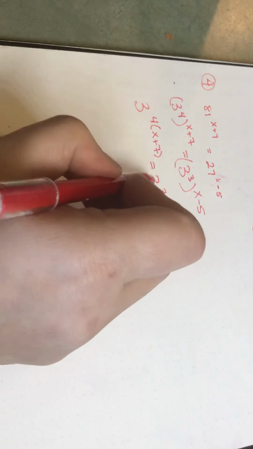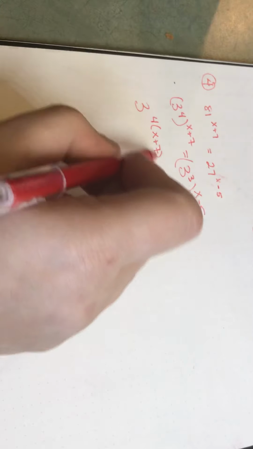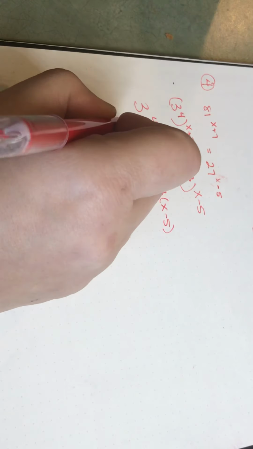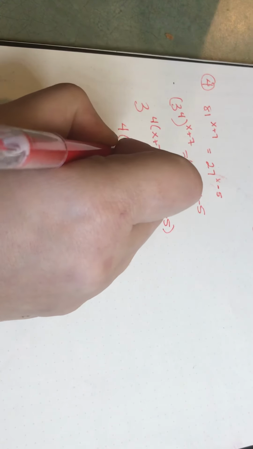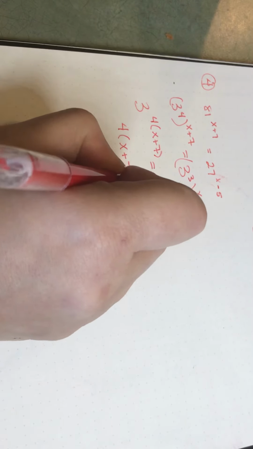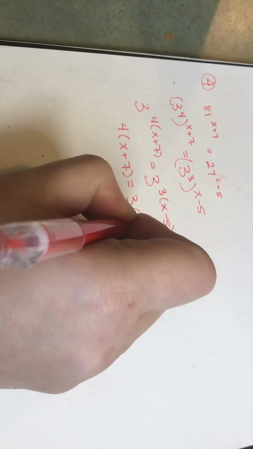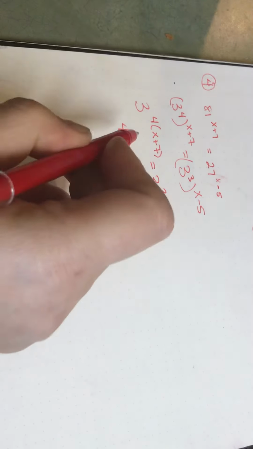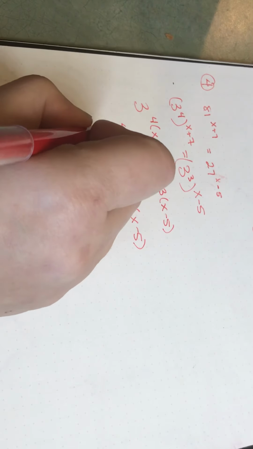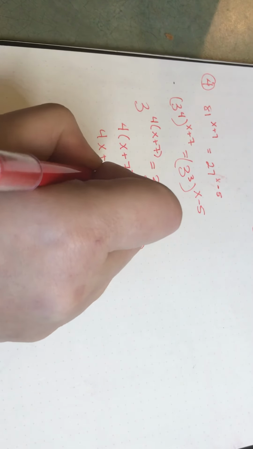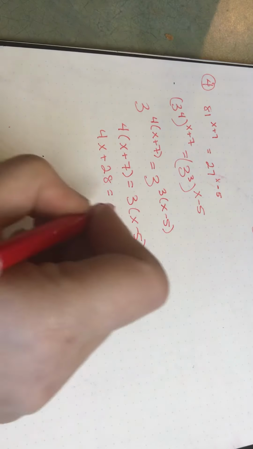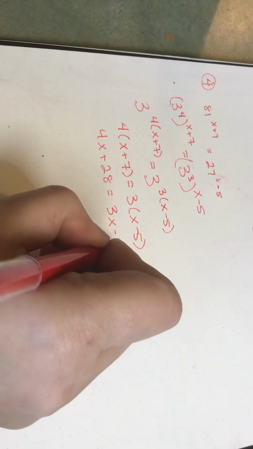Okay, the bases are the same, which means the exponents have to be equal. So 4 times x plus 7 has to equal 3 times x minus 5. Distribute, and I get 4x plus 28 equals 3x minus 15.